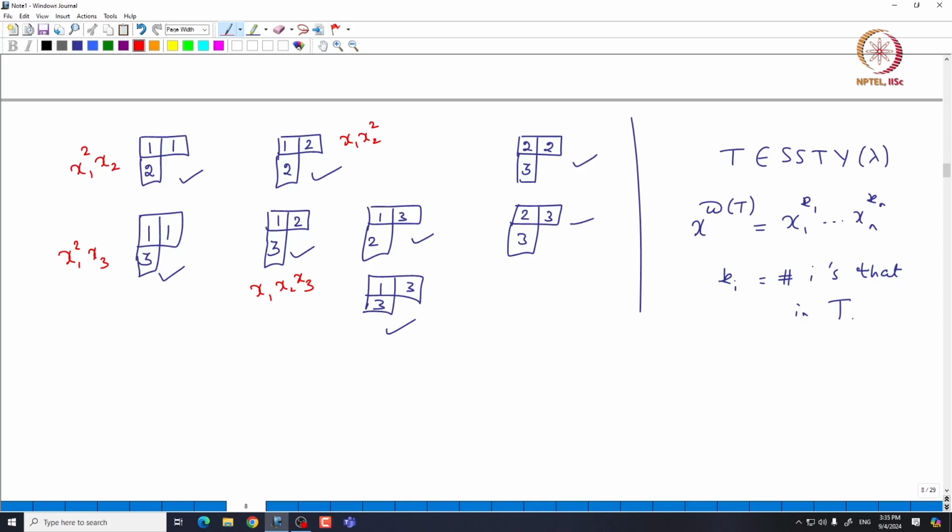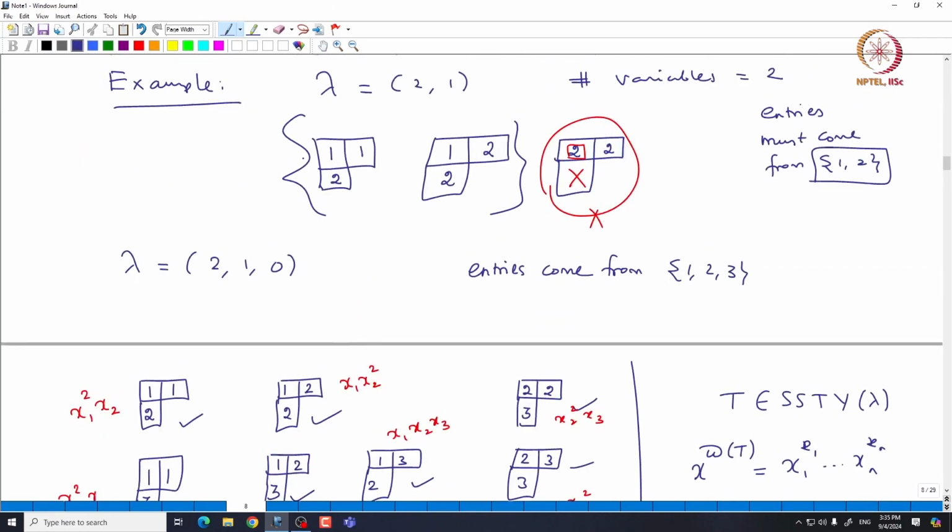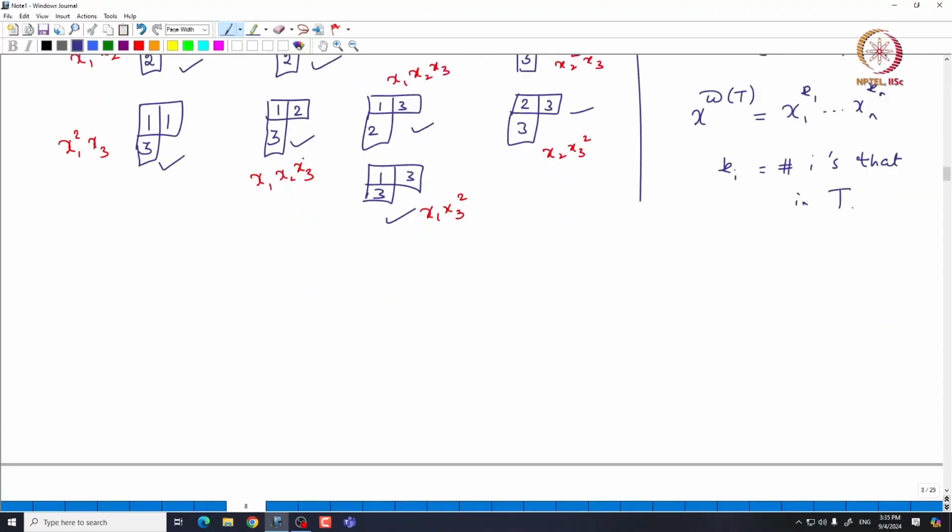This is x1 x2 x3 again, this is x1 x3 square, x2 x3 square, and this is x2 square x3. So, now what is the Schur polynomial associated with this lambda?